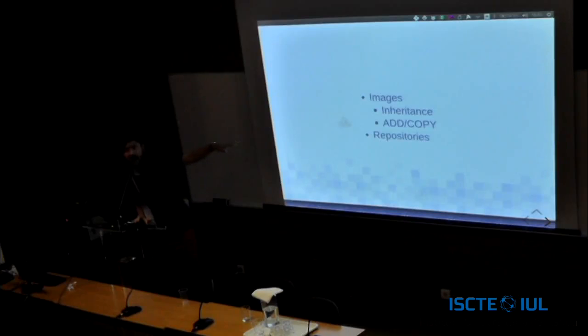What else? There are the ADD and COPY instructions, which take some file and apply it to our Docker image. You can reuse the same file and copy it to many images, so this is also something which can be considered a DRY component. And there are repositories. Images built from a Dockerfile can be pushed somewhere and pulled by someone else, so that they don't have to write it again.